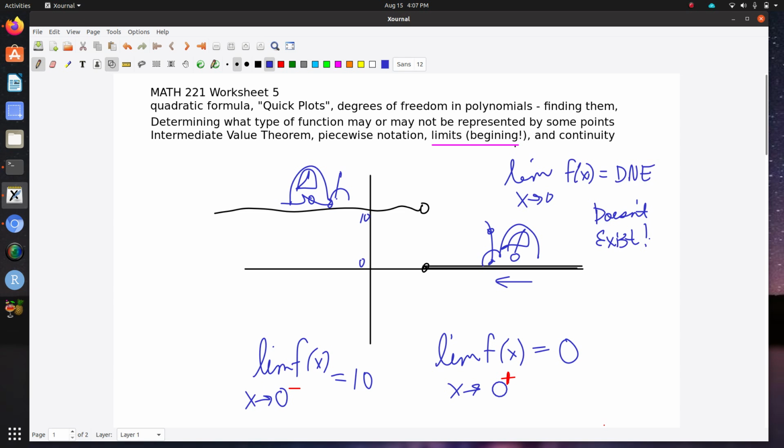In this case, I'm going to just put the x here so you know which x I'm talking about. f of x equals 0, but it's irrelevant. The function's already discontinuous because there's a jump there, and we have a jump discontinuity.